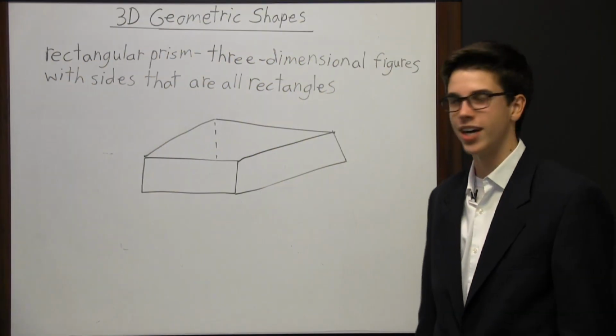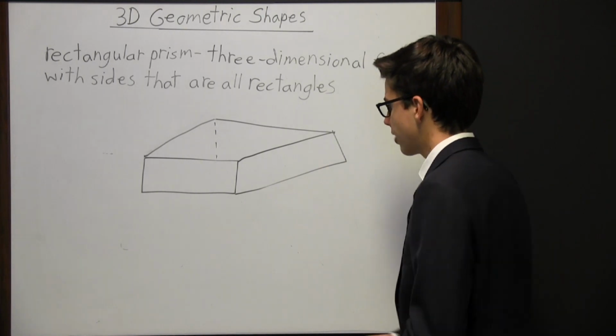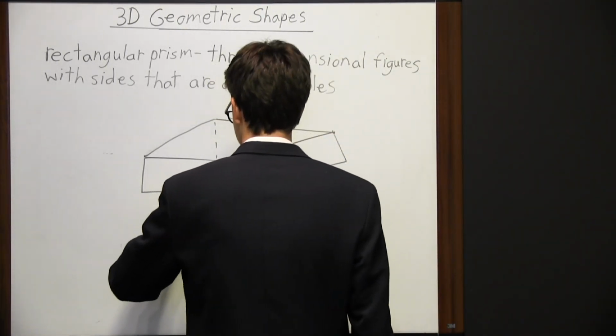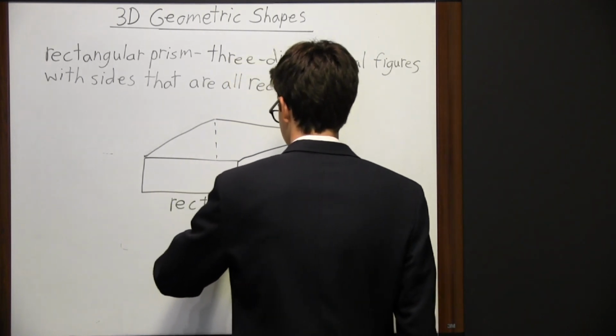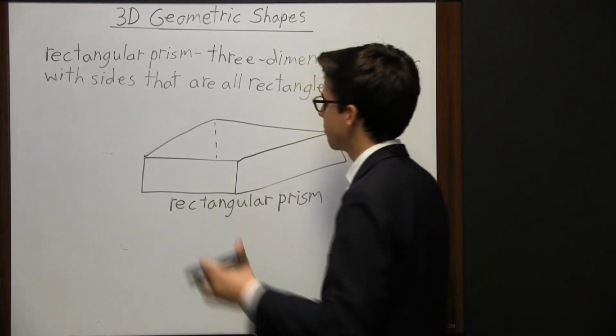It's important to be able to identify 3D geometric shapes. So right here we have what we call a rectangular prism. So this is a 3D geometric shape.